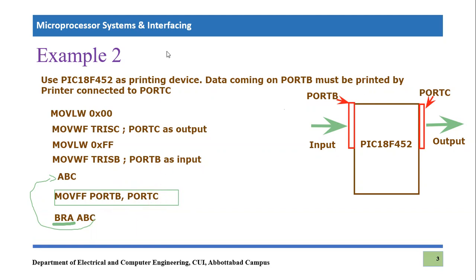This will copy the content from port B, or the source file, that would be more appropriate, and paste it inside the destination file. This is a very useful instruction that you can use in various applications. So this is one of the enhancements to your knowledge in this example.